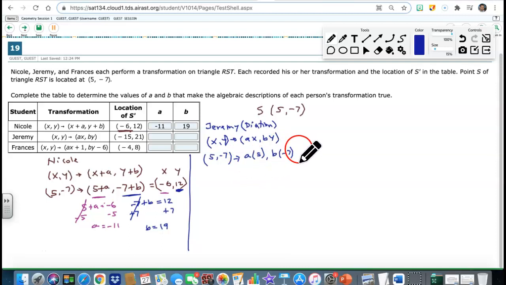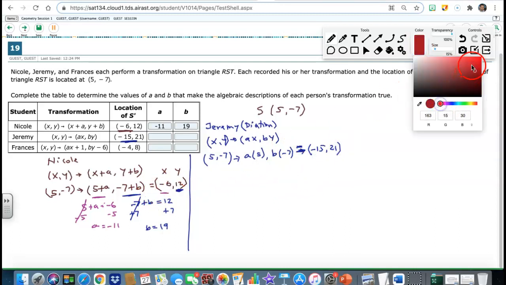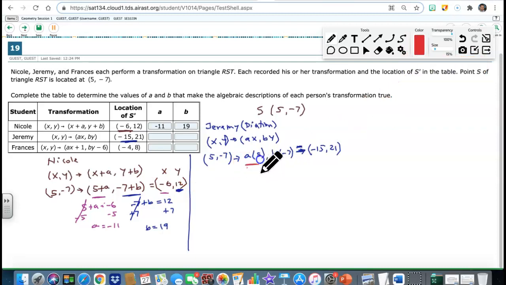And when he did that, he ended up at negative 15, 21. Same as before, my first part belongs to the X. Therefore, I make it equal to the X. So I'm going to have A times 5, or 5 times A, which looks better.